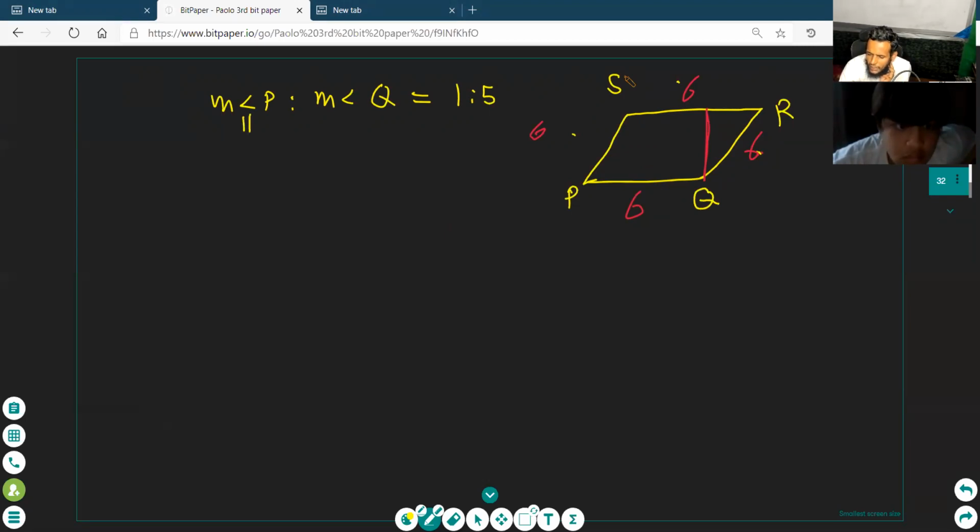P is equal to 1x, and Q is equal to 5x. Measure of angle P is 1x. Measure of angle Q, according to the ratio, we multiply by some common number, so 5x.